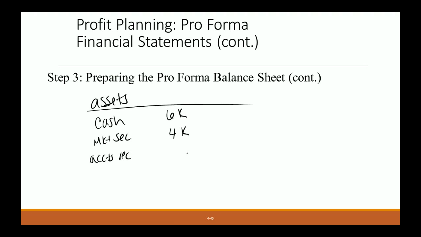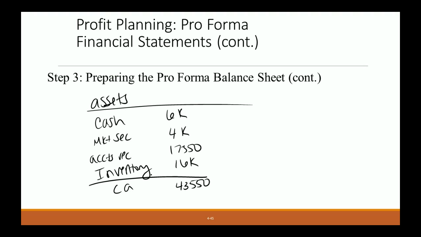Our average collection period will remain the same, and so number 4 in the assumptions, this says that our accounts receivable will total $17,550. If we total those up, we also have inventory. Inventory does not change according to assumption number 2, so it is $16,000. And that gives us our current assets. We sum these up and we get $43,550.